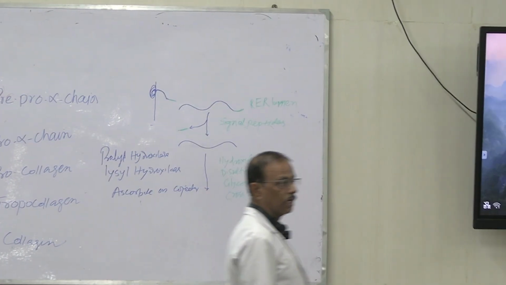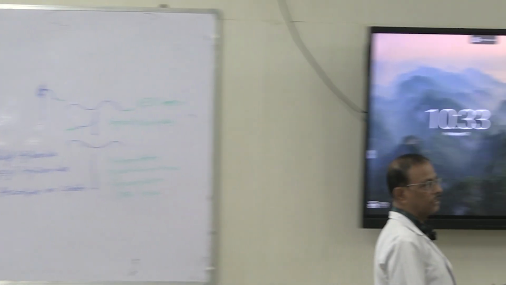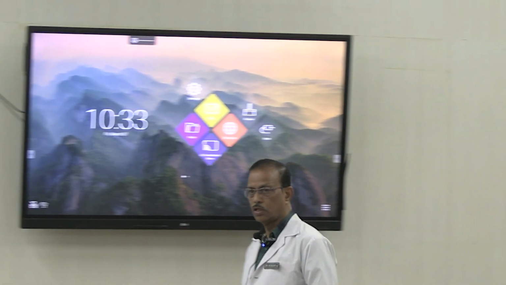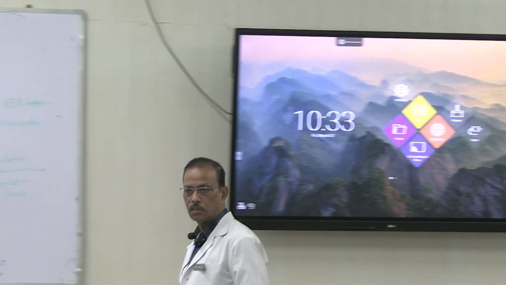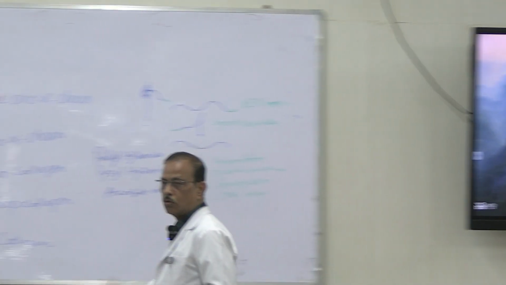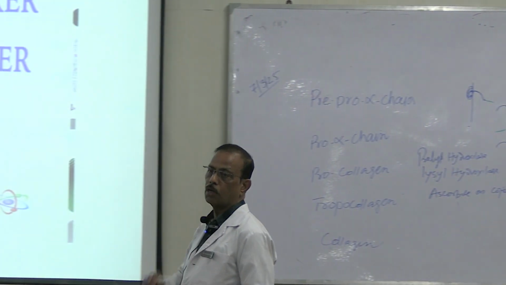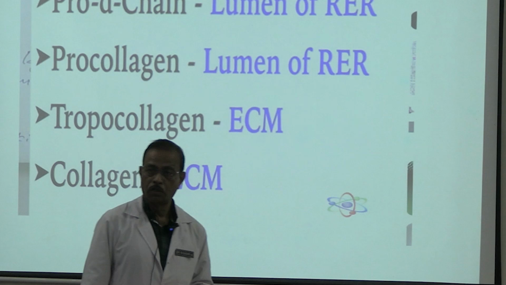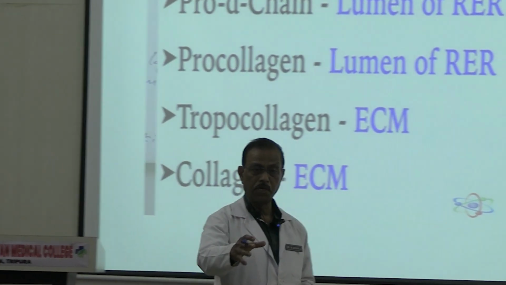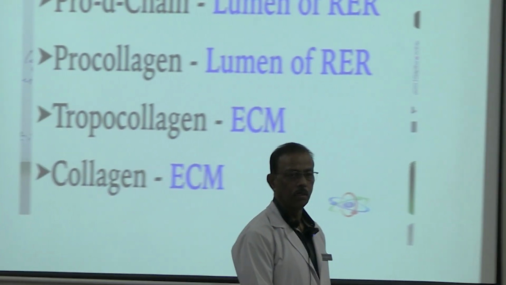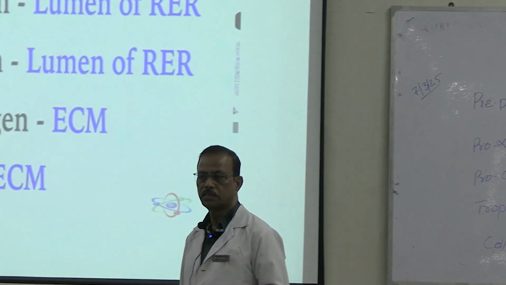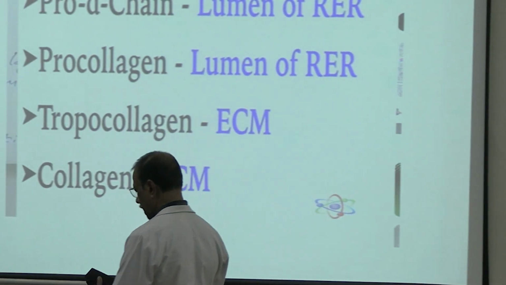We have 3 amino acids already in the chain having a hydroxyl group: serine, threonine and tyrosine. So with these two we have a total of 5 amino acids. So in the chain there will be a lot of hydroxyl-containing amino acids giving strength through hydrogen bond so that the triple helix structure can remain stabilized.